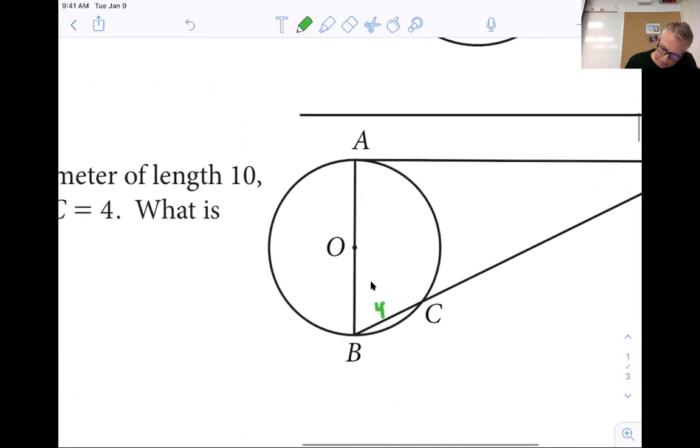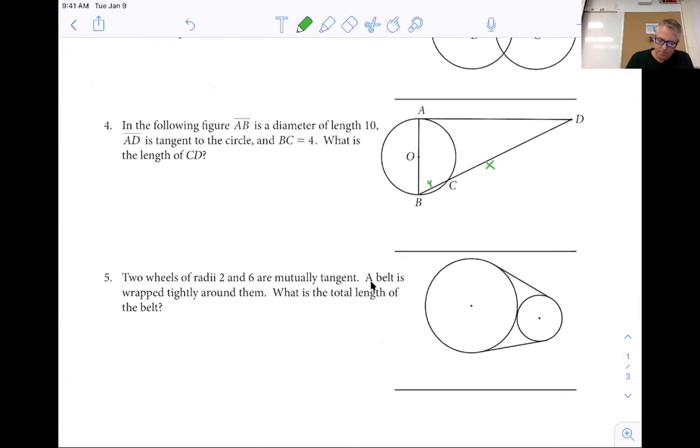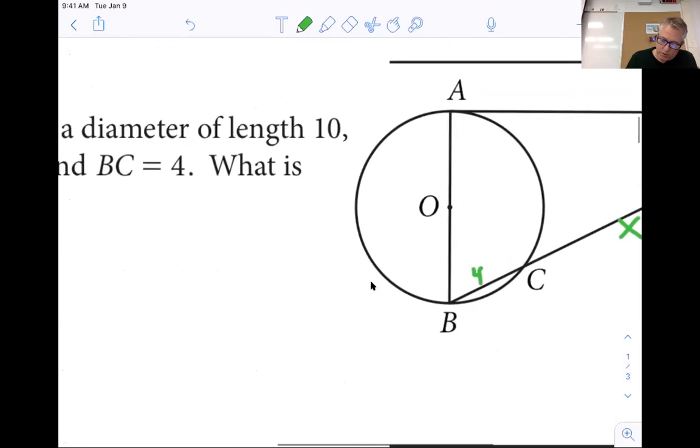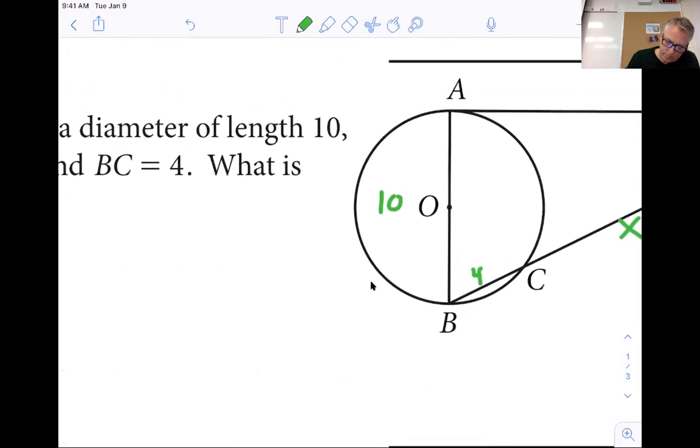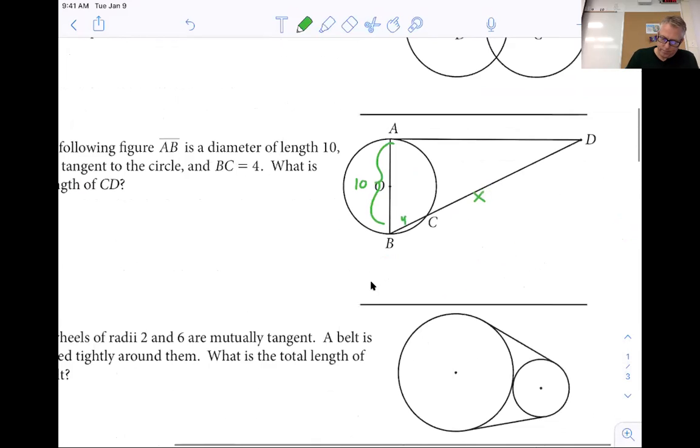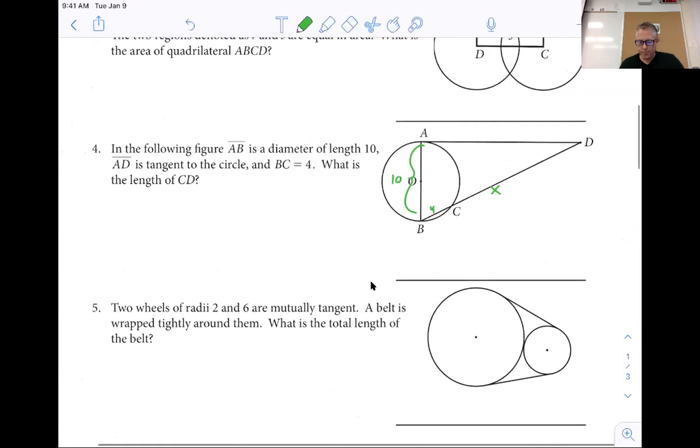So we are trying to find X. And we know that the diameter is 10. All right, I'll give you a couple minutes to chew on that one a little bit, and then we'll talk about it.